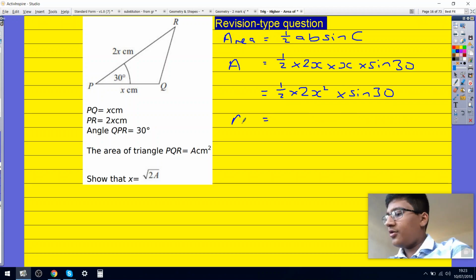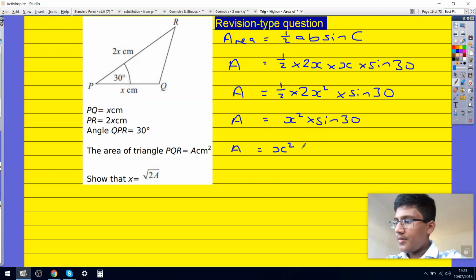So what is a half times 2x squared? Oh, that's just x squared. So that's going to be x squared times sine 30. This is a calculator question. What is sine 30?